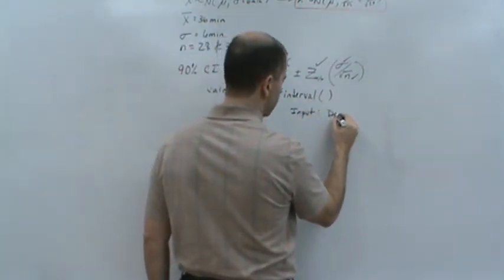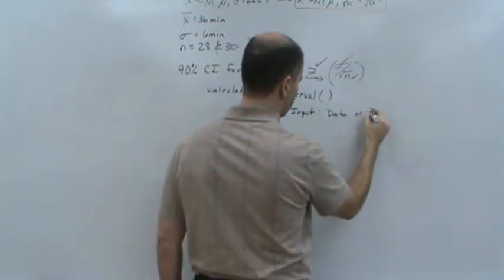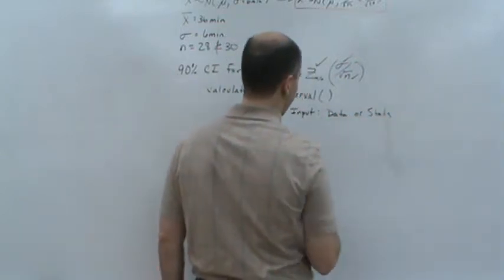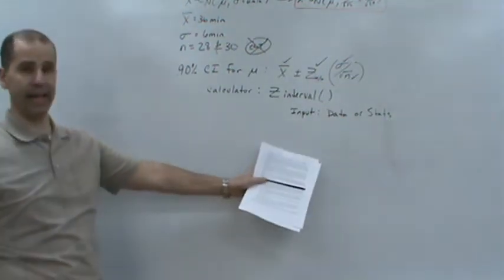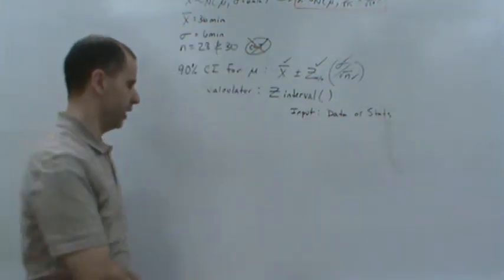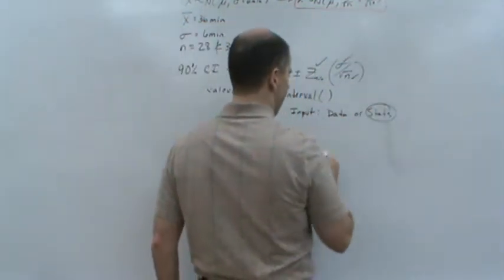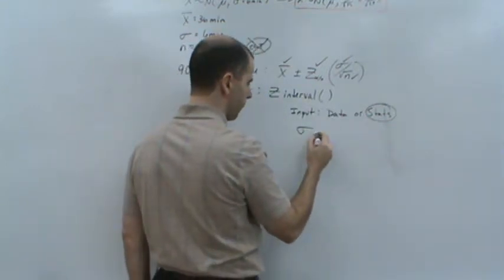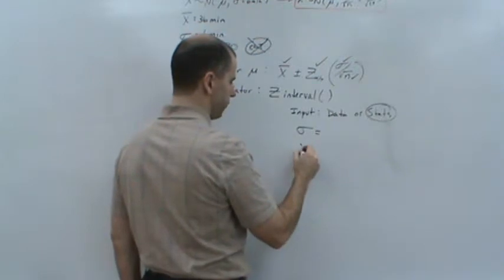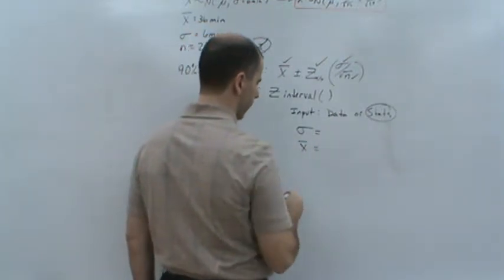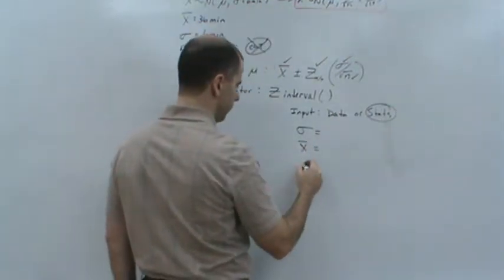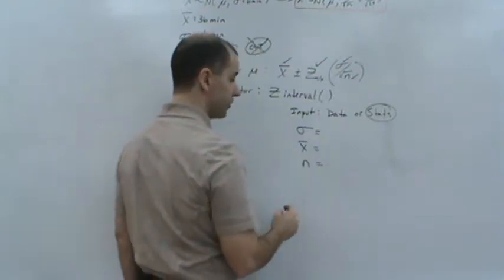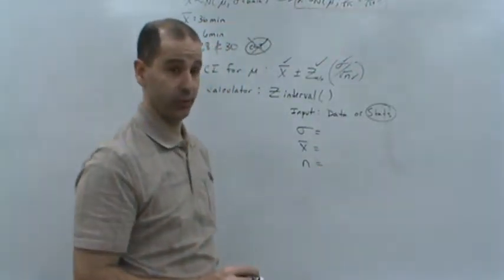So you have to choose data or stats. So in this case here, we're not putting data in there, we're using statistics. So we would choose stats. And then under this menu for stats, it's going to ask you for sigma. It's going to ask you for X bar. It's going to ask you for N. And it's going to ask you for the confidence level.